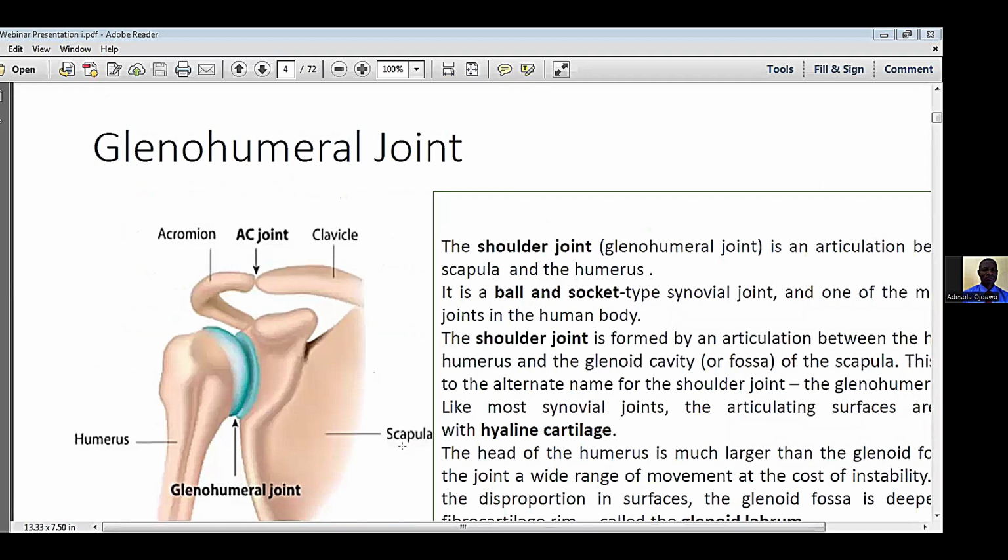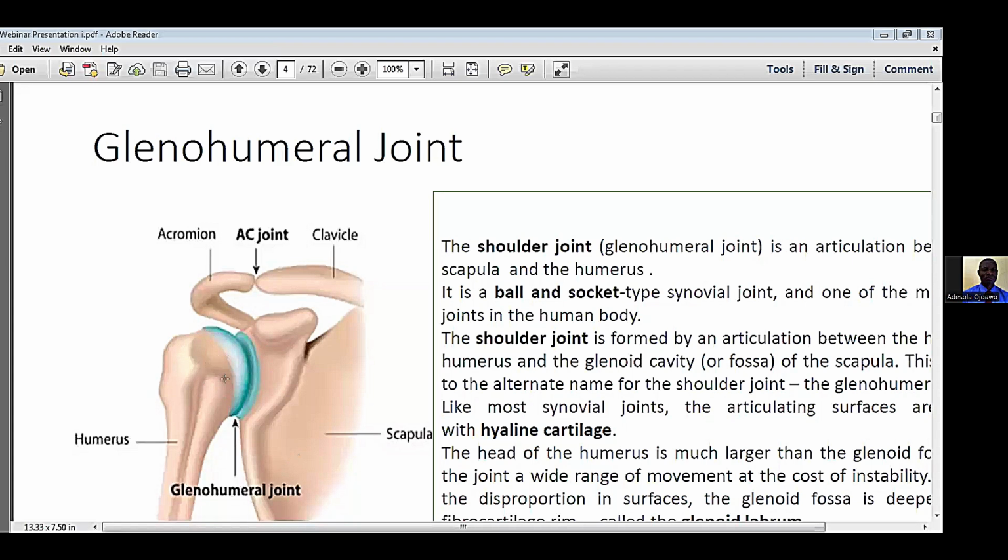When we talk about glenohumeral joint, we are talking about shoulder joint specifically. And when we talk about the shoulder joint, we talk about the articulation, the head of the humerus, the glenoid fossa, and the articulation there.